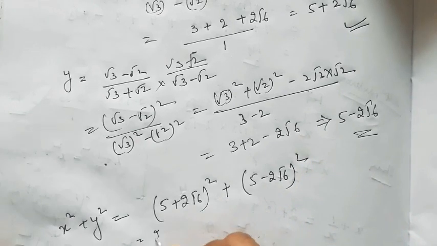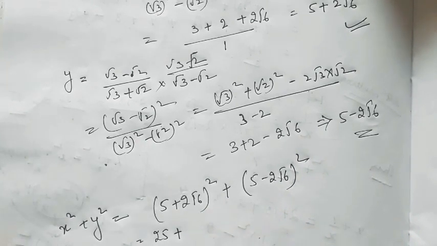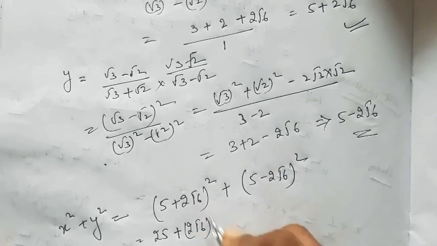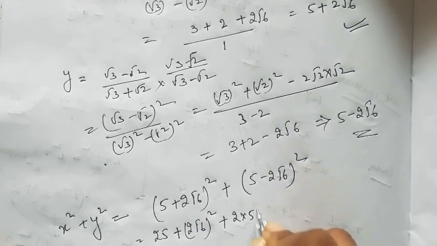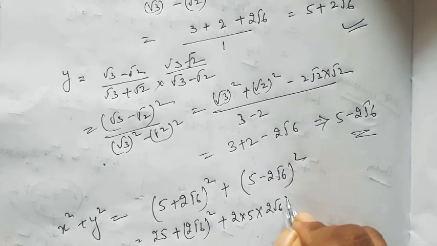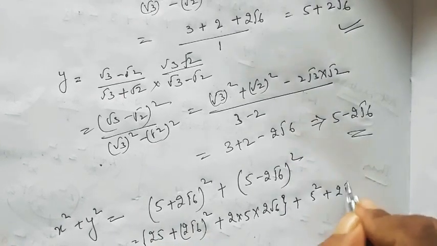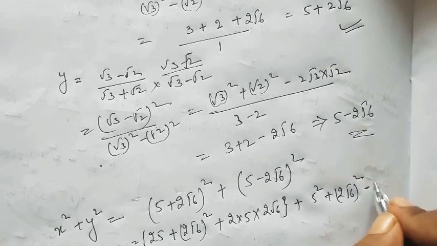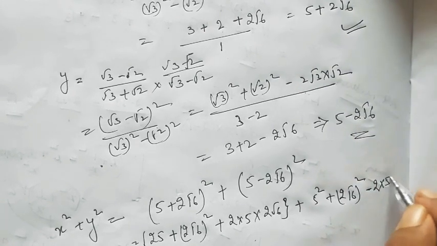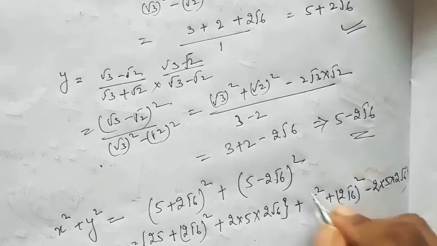See, 5 fives are 25, plus b square, that is 2 root 6 whole square, plus 2 into 5 into 2 root 6, plus 5 square plus 2 root 6 whole square minus 2 into 5 into 2 root 6.